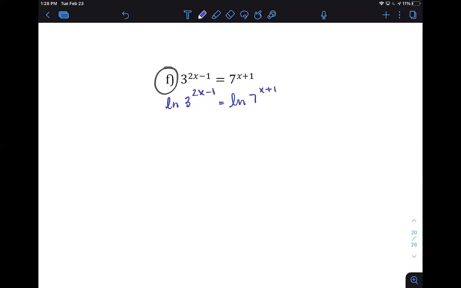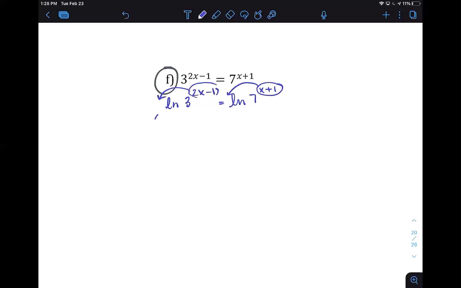And then we're going to use the properties that we talked about yesterday. If it's a power, where does it go? To the front. So we're going to take this 2x minus 1, move it to the front, this x plus 1, and move it to the front.